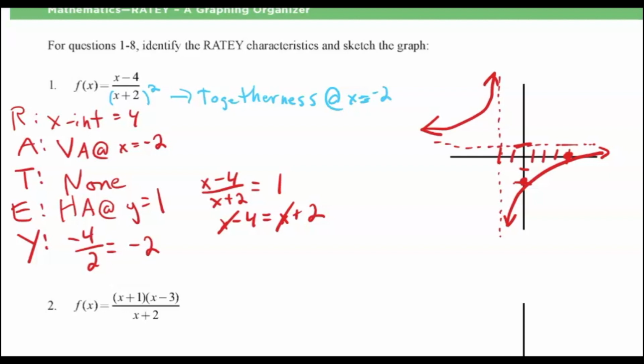Which would have meant that the left side of the graph would have looked like this, as opposed to being above. So the right side would still look like this. It's just the left side would now also be below the horizontal asymptote.